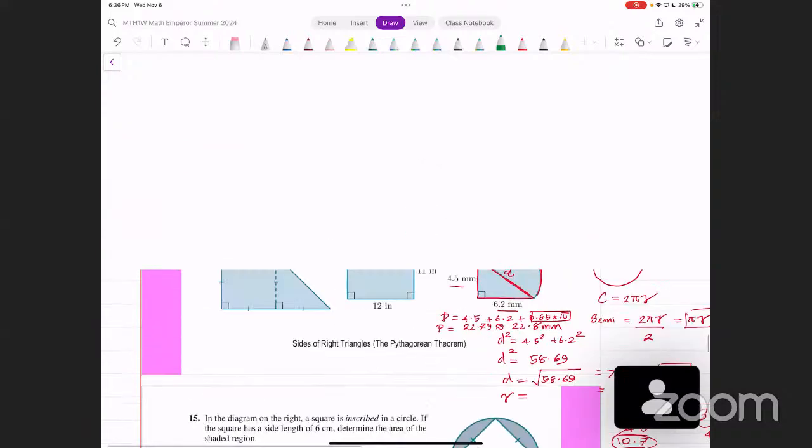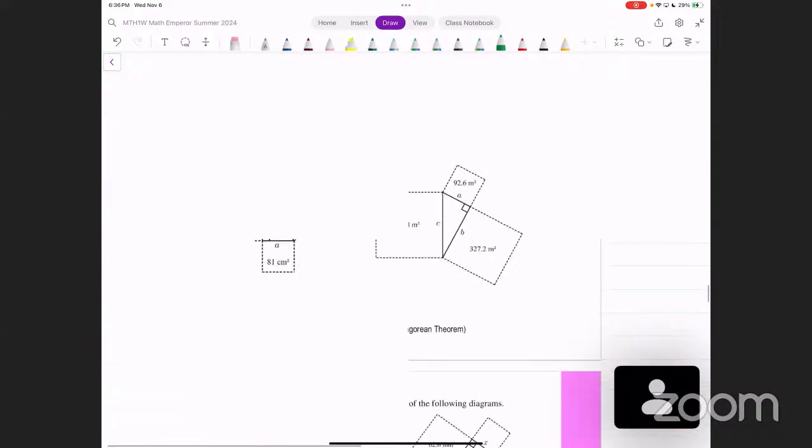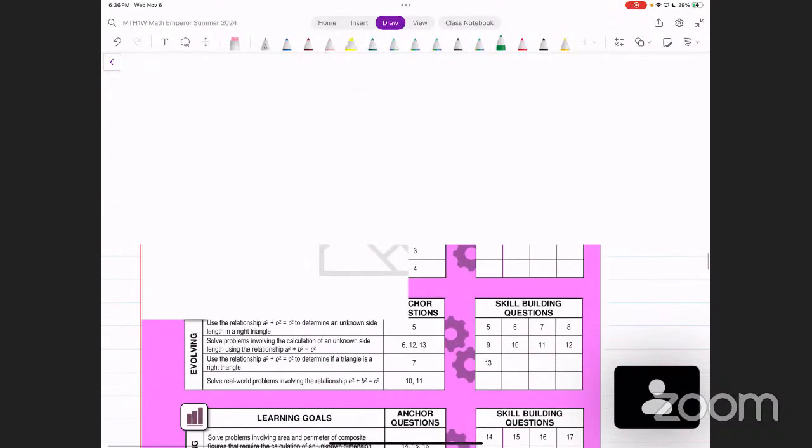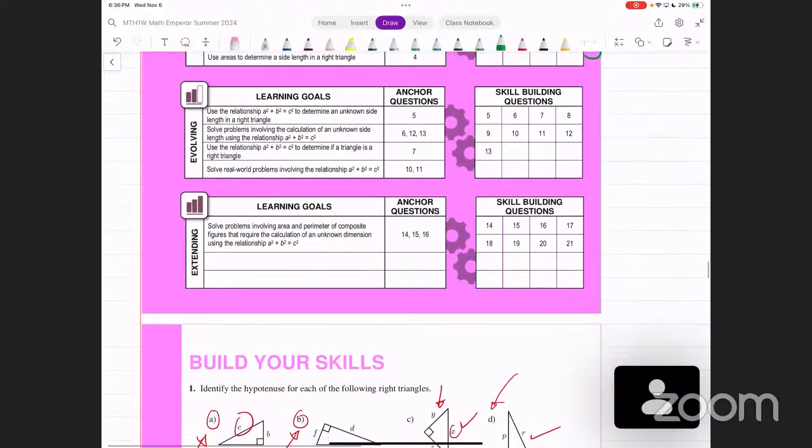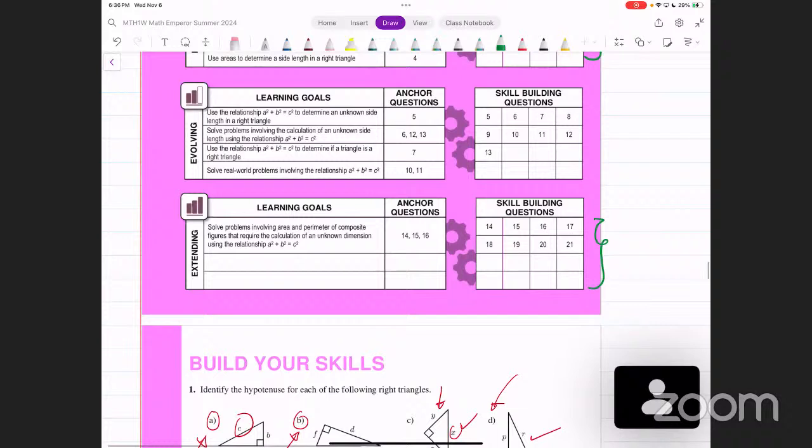So let's go back to these questions, guys. Let me summarize this. The earlier questions are skill building, kind of level 1 and level 2 questions. Questions 14 and 15 are level 4 questions. In the Ontario Math curriculum, level 4 is basically 80 and above.